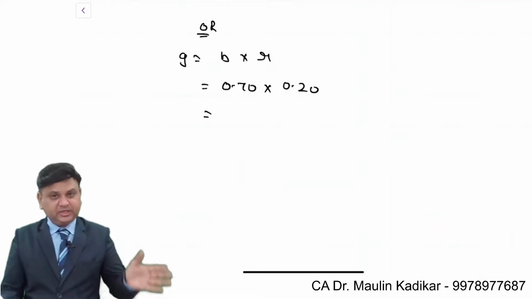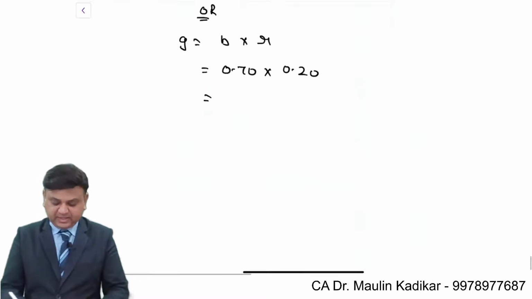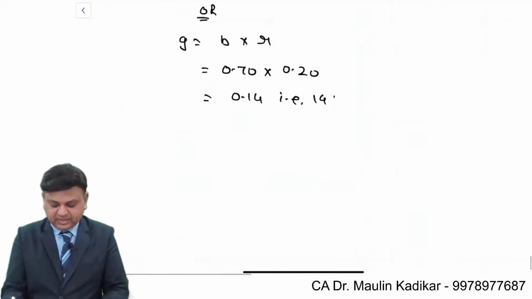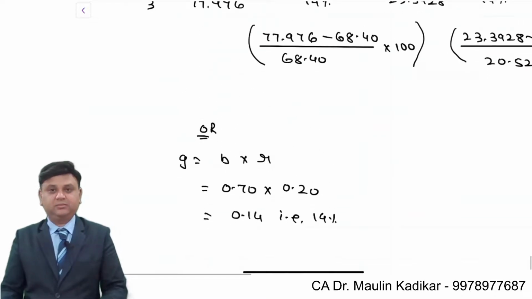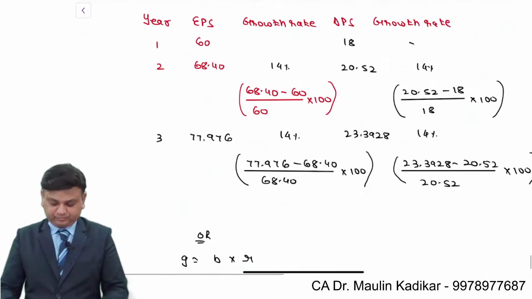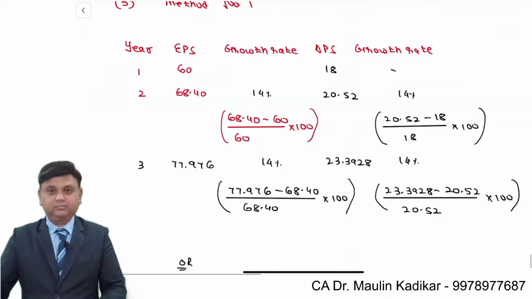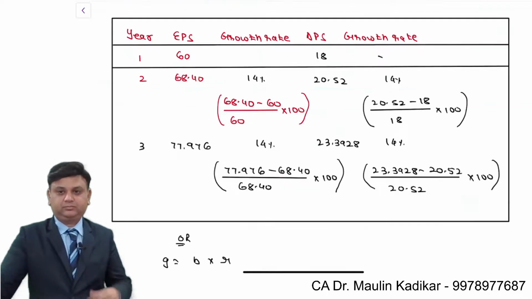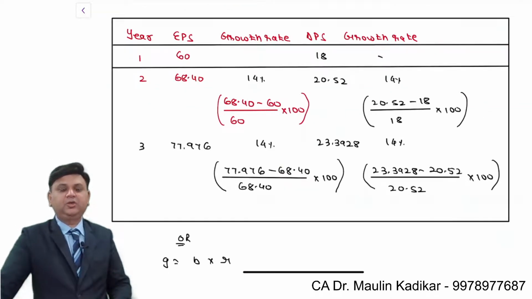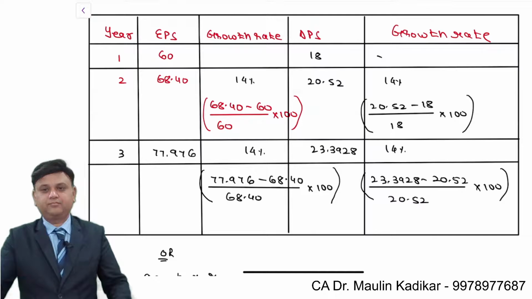So earning 20% on 70%, that comes to 0.14. That is 14%. Right on answer. You can calculate the answer by either of the method. Both are permissible.